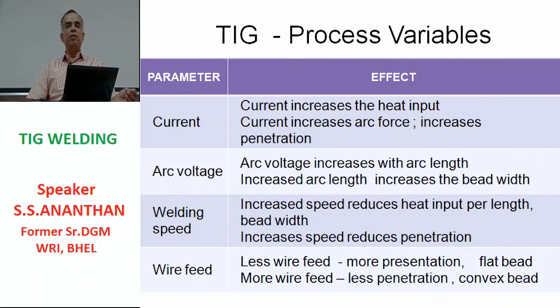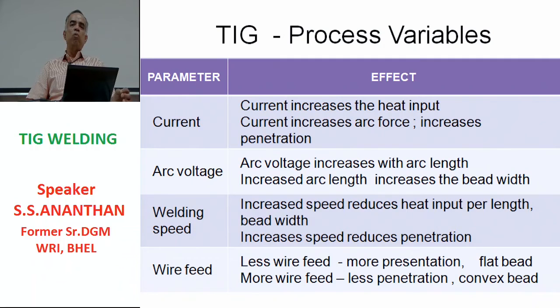The second one is arc voltage. Arc voltage is something you do not control from the power source. It is basically controlled by the arc length one maintains. There is a very small range of arc voltage that can be maintained to get a good weld. You cannot have a very low arc voltage, which may lead to touching of the electrode with the base metal. For example, one can weld at 10 to 12 volts very comfortably, but you cannot weld at 9 or 9.5 volts, which means a very, very low arc length, and touching of the electrode with the base metal or the liquid molten pool is very high.